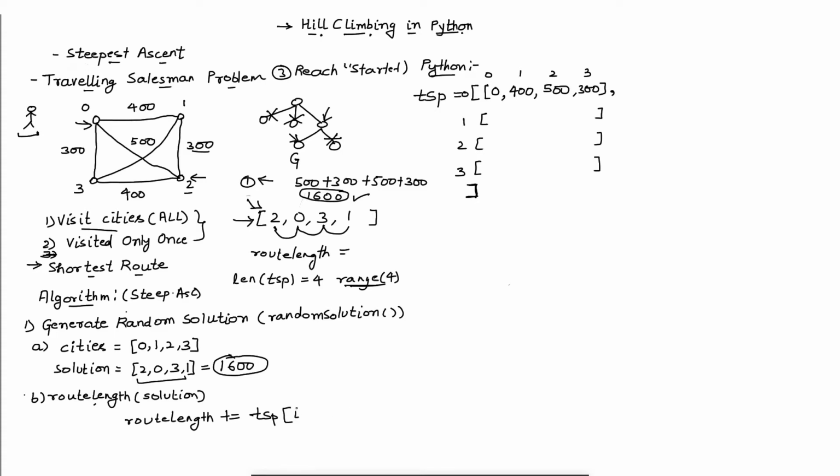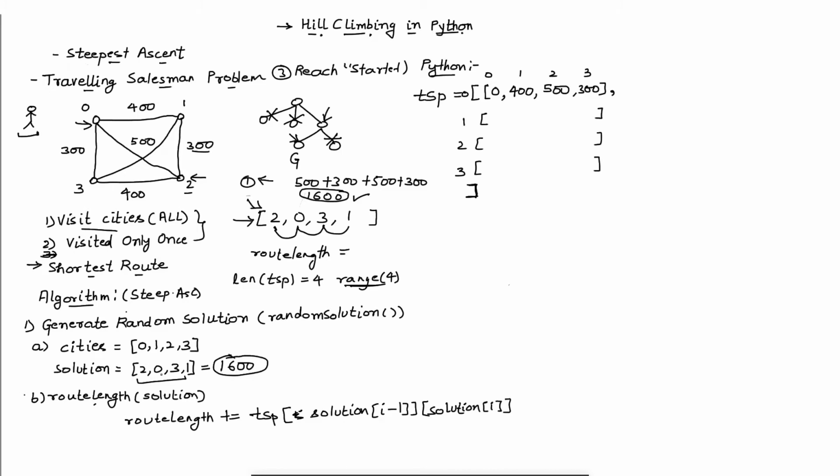So the solution of I minus 1. So here I have the solution, we will start from I minus 1, and then in the second argument I am going to pass solution of I. So what we are doing is we are appending the root of each and every city.